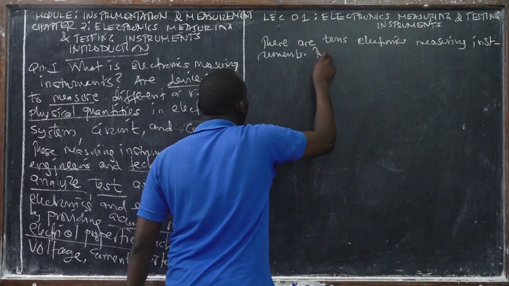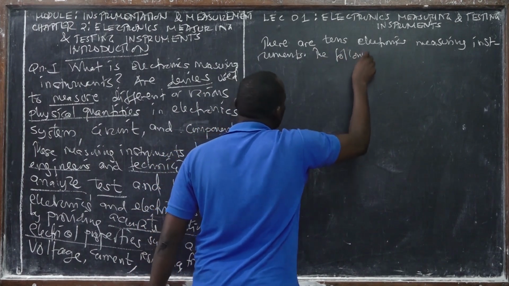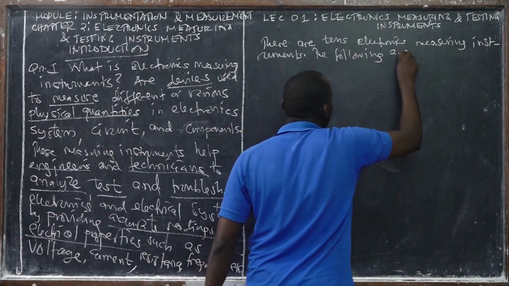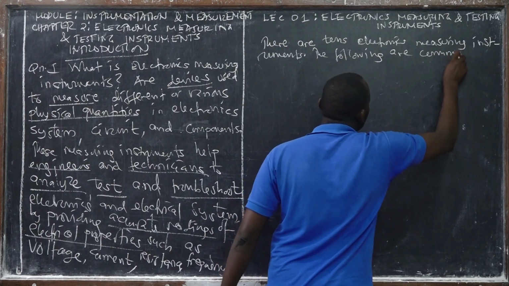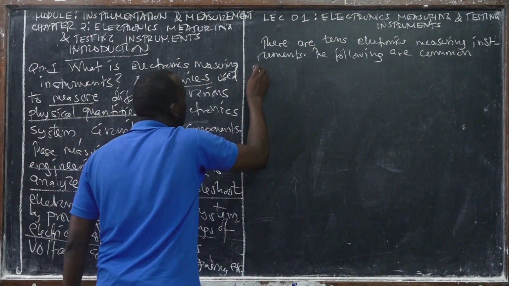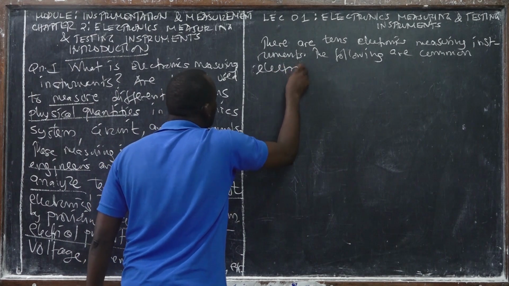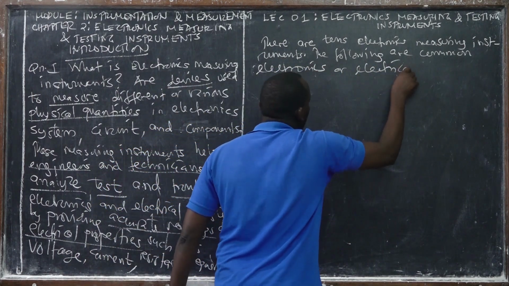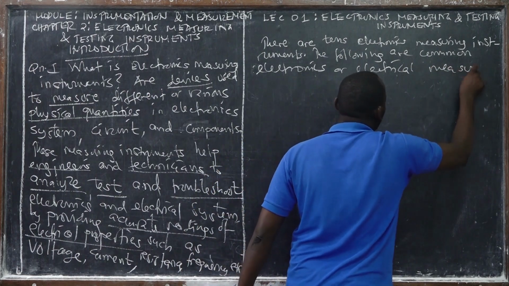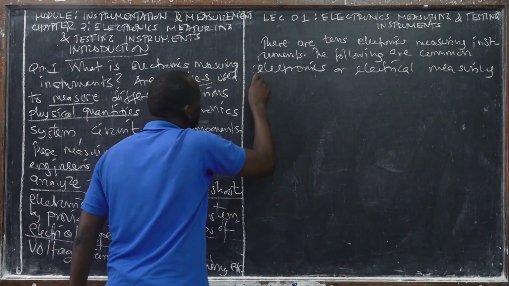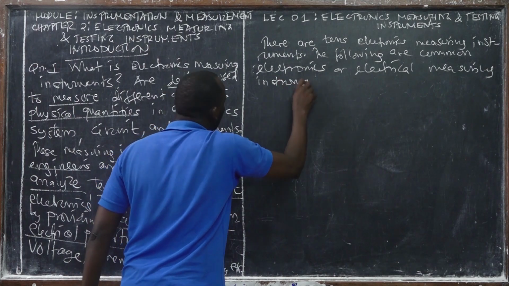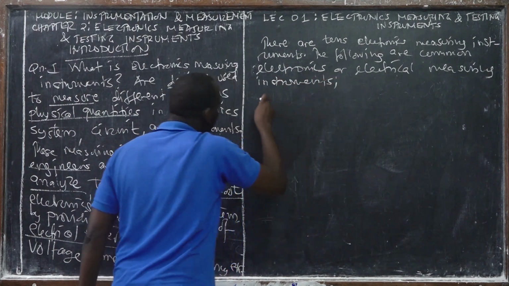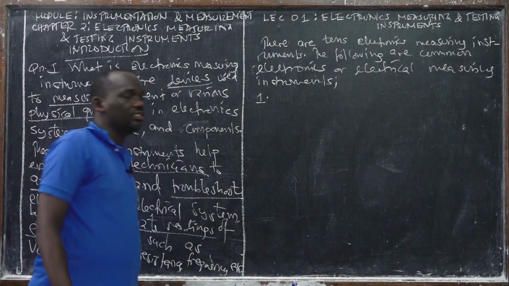So you say the following are common electronics, or we sometimes call them electrical measuring instruments. Electrical measuring what? Instrument. The first one is this.